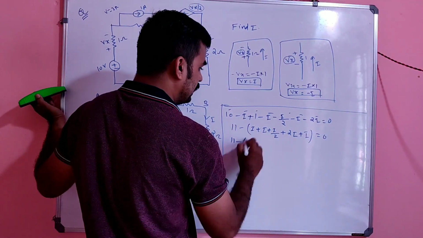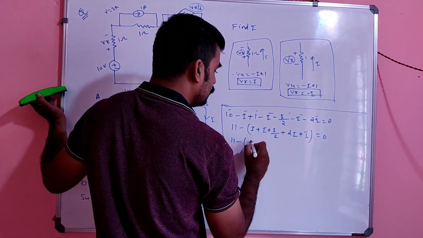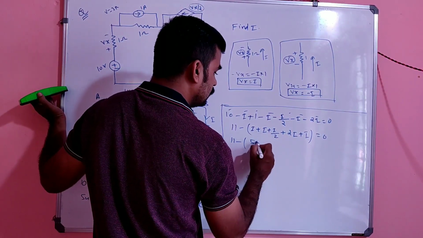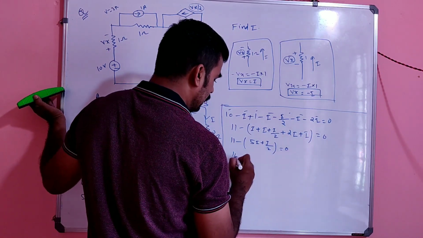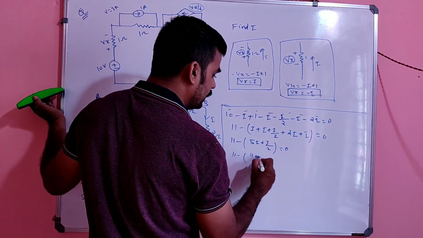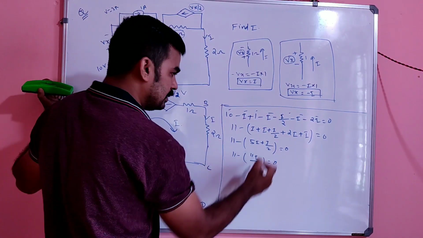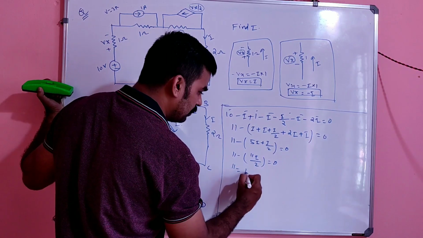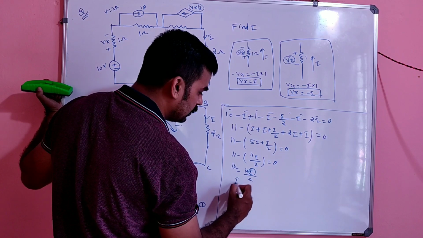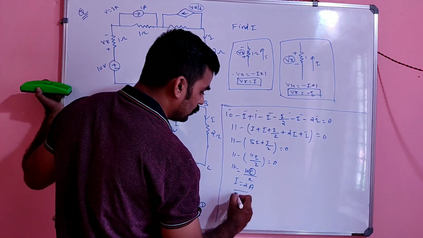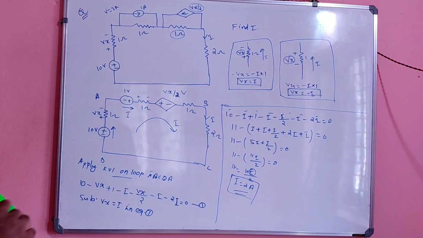So it will be 11 minus 3I plus 2I, that is 5I, plus I by 2 equal to 0, or 11 minus 11I by 2 equal to 0. That gives 11 equal to 11I by 2, or simply I is equal to 2 ampere. It is a very, very important problem.